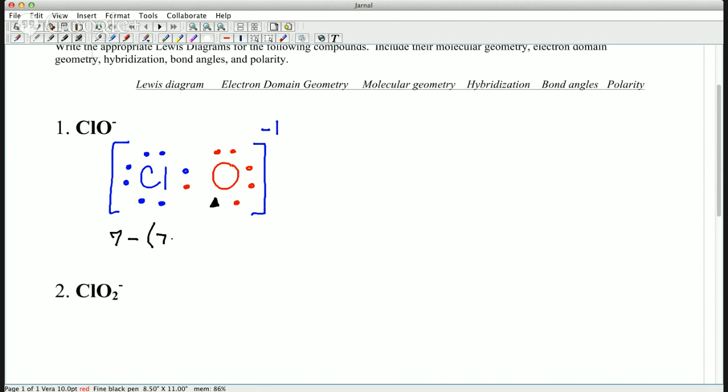So in this case, that would be 7. And as I've been doing in my lectures, you can do this as well. So you can take this and see, okay, half of its bonding, and say all of these electrons are assigned to the chlorine. All right.